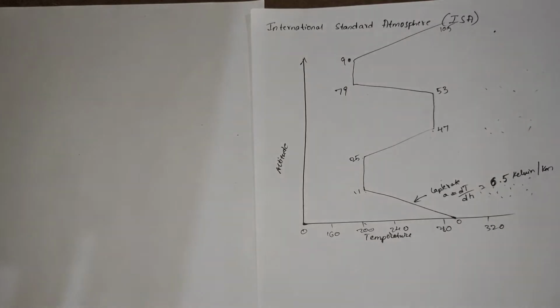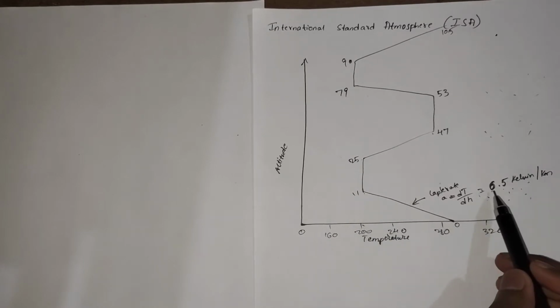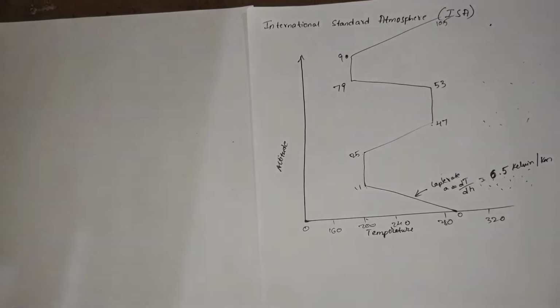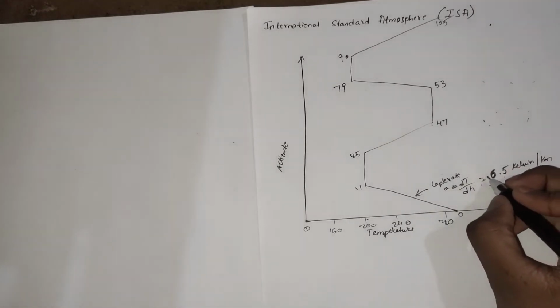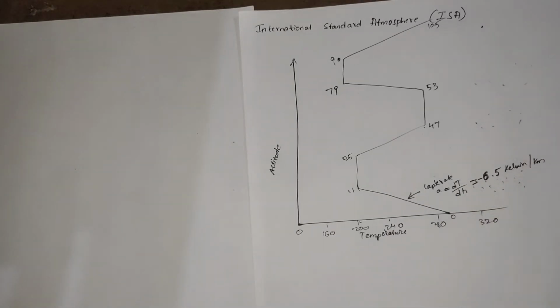So for every kilometer rise in altitude from 0 to 11 kilometers, there will be a reduction of 6.5 Kelvin. Since there is a temperature reduction, we represent it with a negative symbol. So A is equal to minus 6.5 Kelvin per kilometer.